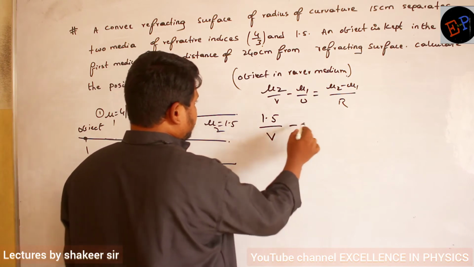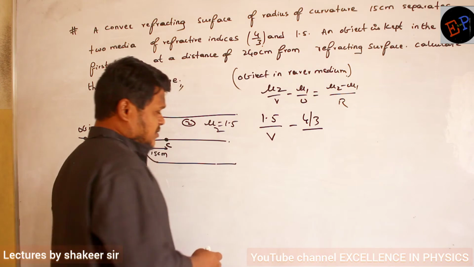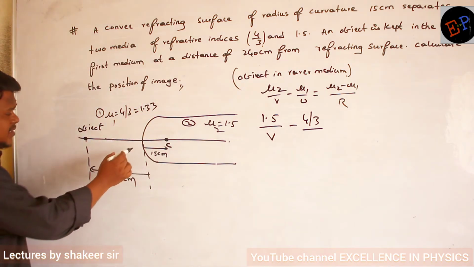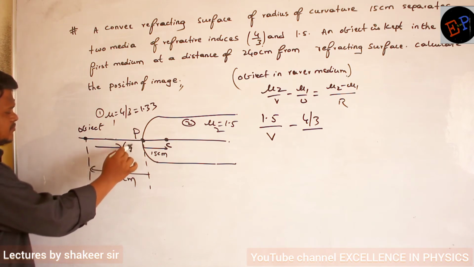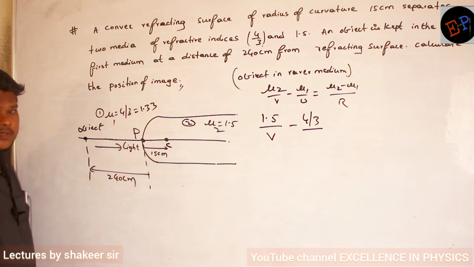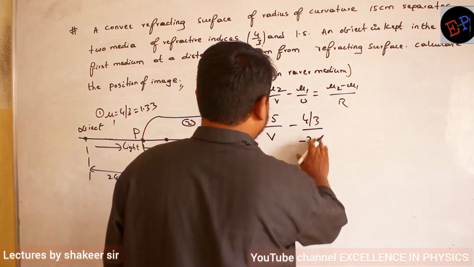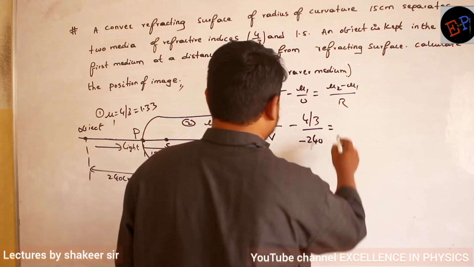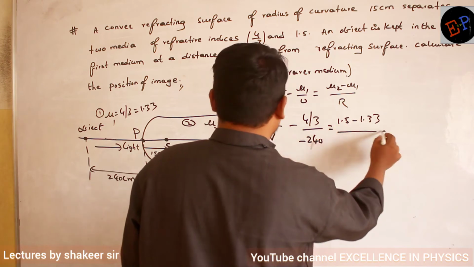Image distance I don't know. The mu1 value is 4/3 or 1.33. Object distance is minus 240, because light is traveling in this direction but we measure in the opposite direction from the pole. So minus 240 is equal to (mu2 minus mu1), that is 1.5 minus 1.33, divided by the radius of curvature.